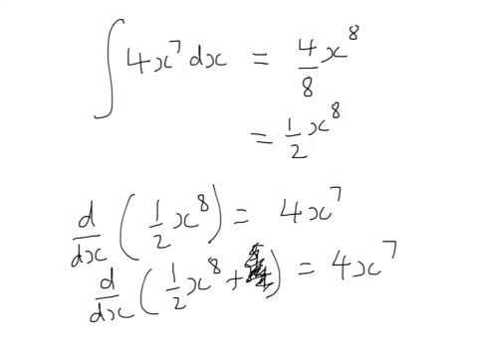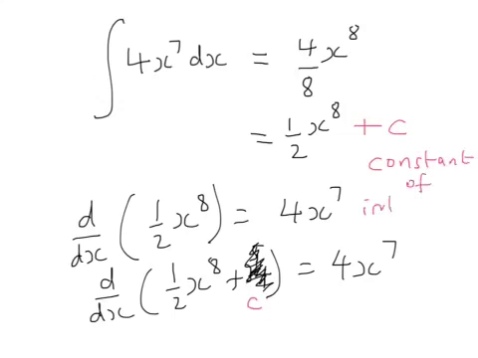It wouldn't be a letter, it doesn't involve x, a constant number, let's call it c, and if I were to differentiate that constant number, it would go to 0. So that means at the end of this answer I should write plus c. C is a constant of integration.